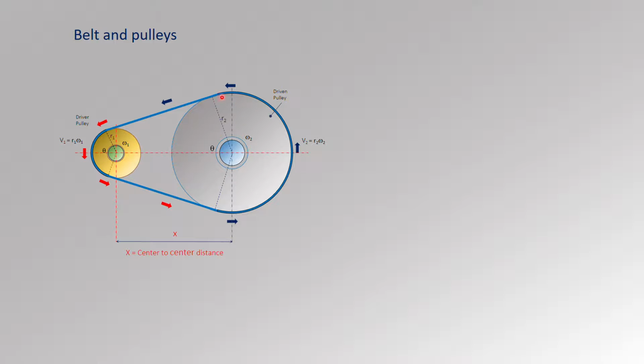When you refer to the belt, that is lapping over both the pulleys, it will have a tangential velocity or tangential speed.